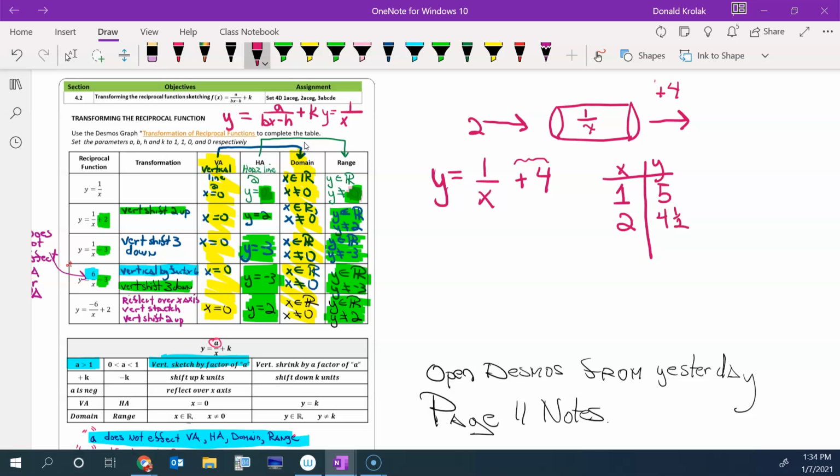So this 4, you add after it came out of the machine. So I call this outside the function. It's being done after you divide it into 1.